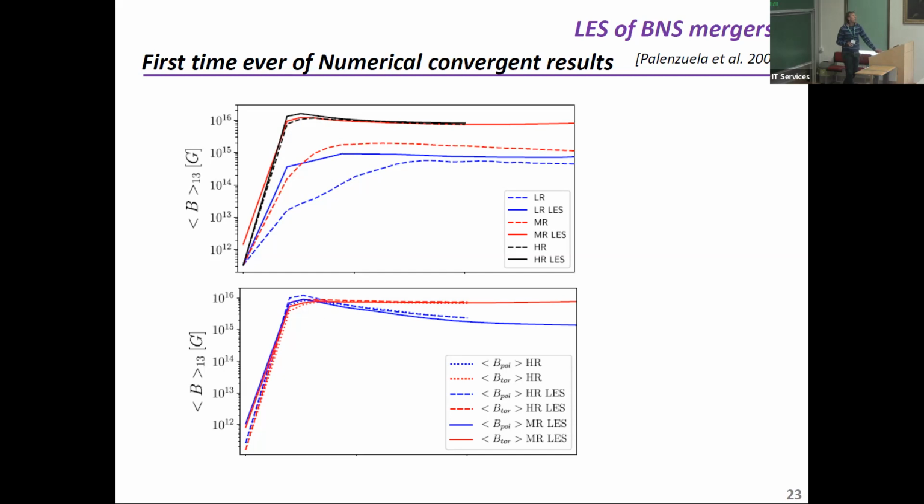Not only that, but if you apply the subgrid scale modeling, which is very costly, to the high resolution one, you don't get a higher result. So that means that the three are convergent. It's the best sign for numerical convergence, at least in terms of magnetic energy. Now you look at the same in terms of the poloidal and toroidal contribution, and you still see that the three cases, the large eddy simulation with medium or high resolution and the one without subgrid scale model with high resolution, are basically very, very similar.